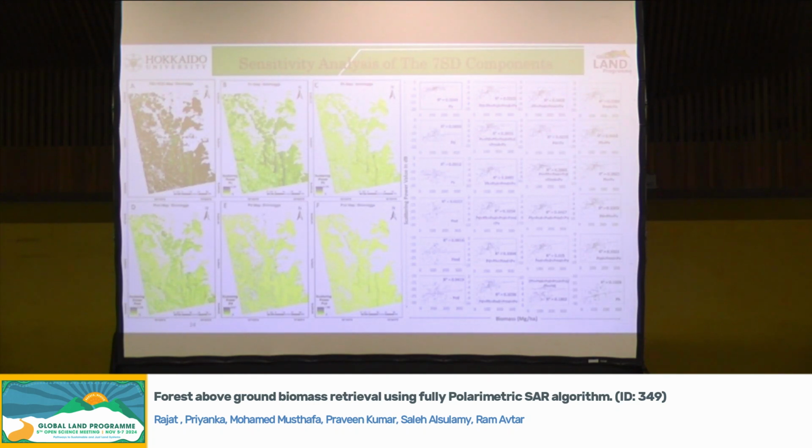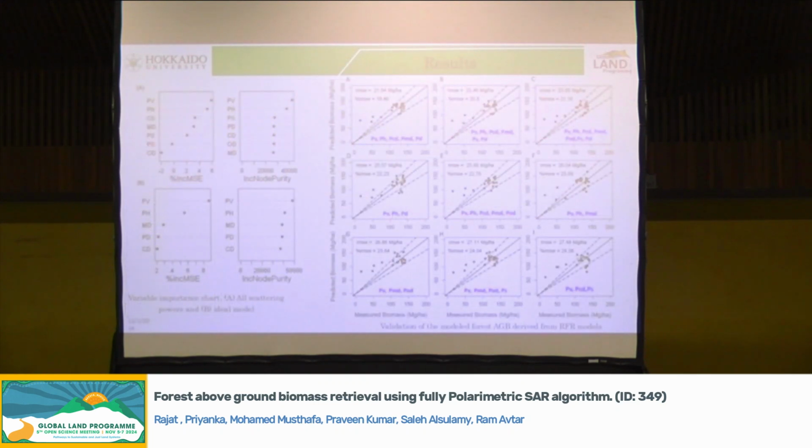So after this, we have identified which components of the scattering power are more important to estimate the forest biomass. Then using the random forest variable importance chart also, we have identified which scattering component is more important. And after that, we have tested various combinations of the scattering power to estimate the biomass, which were validated with the ground data.